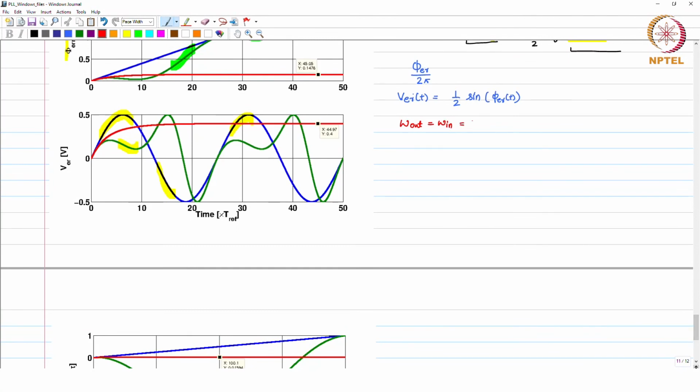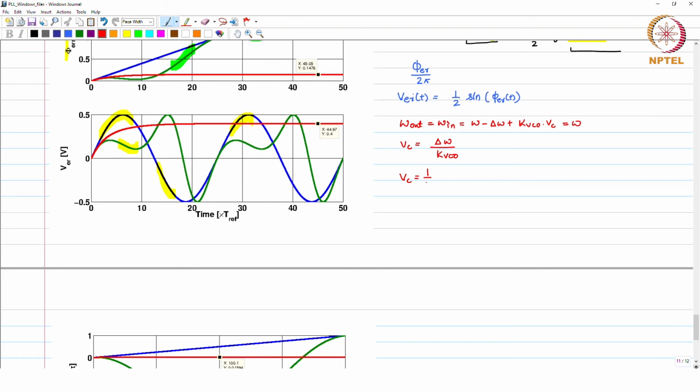So, this is equal to omega minus delta omega plus k VCO times Vc is equal to omega. Okay. So, what you see is control voltage should be equal to delta omega by k VCO. When you reach this control voltage, you will compensate for the frequency error initially. And what was this control voltage?